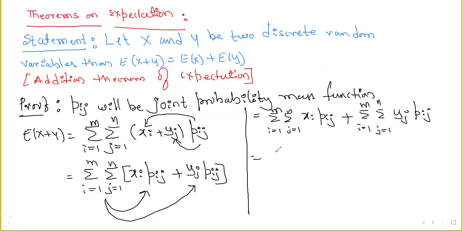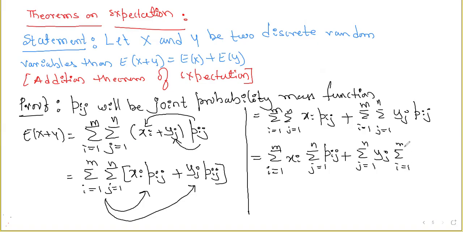Here i runs only over x, so that is summation i from 1 to m xi, summation j from 1 to n Pij, plus summation j from 1 to n yj, summation i from 1 to m Pij.